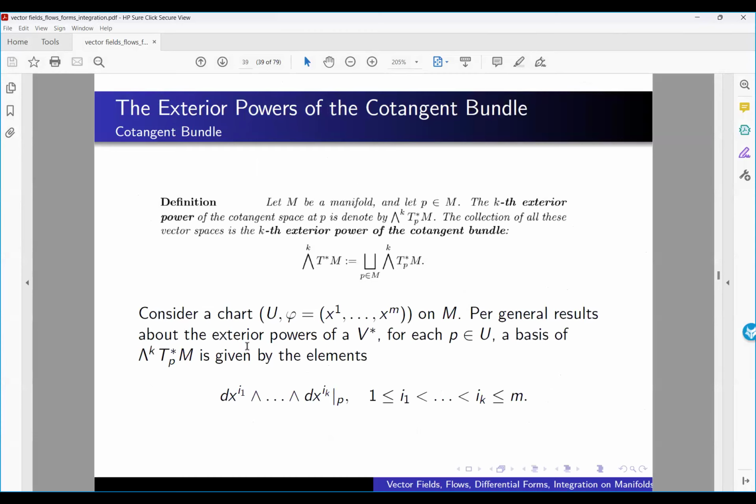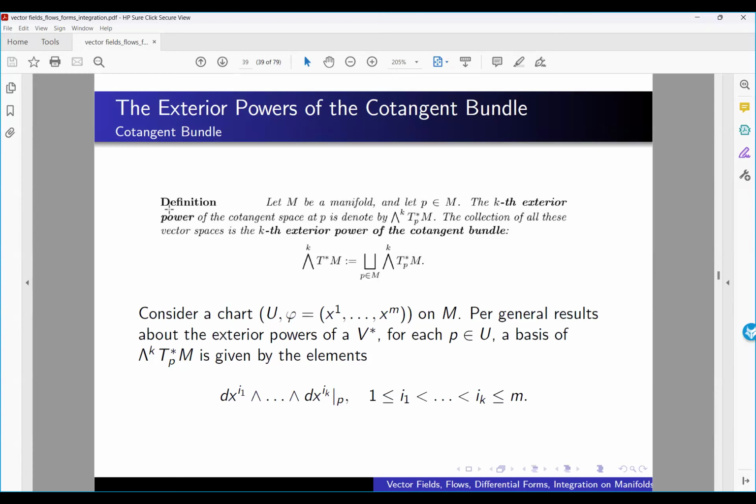Do you remember we talked when we started about the k alternating forms on a dual of a vector space, and we built up the k exterior power, the set of all these alternating forms.